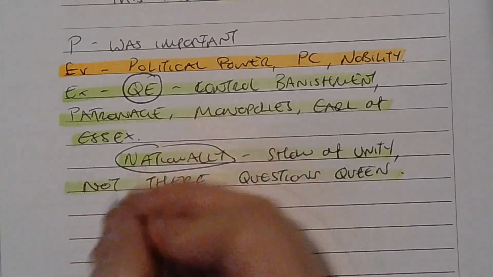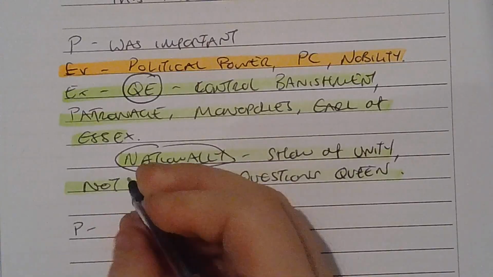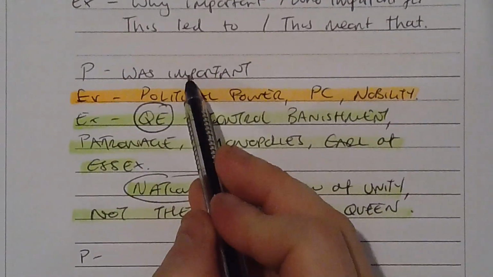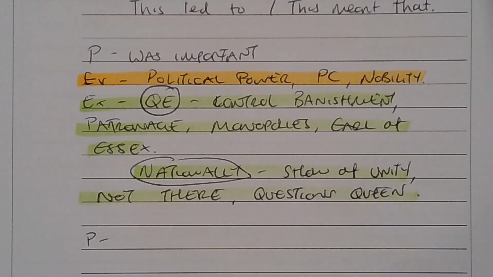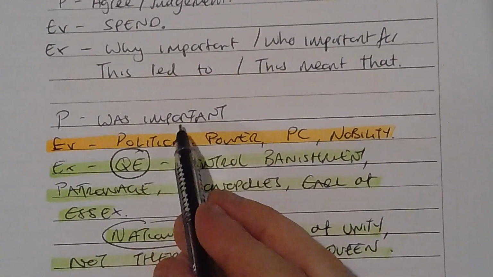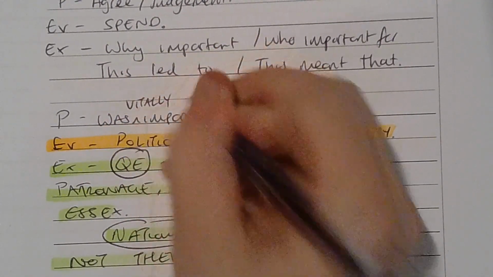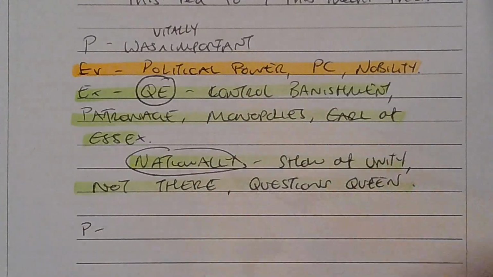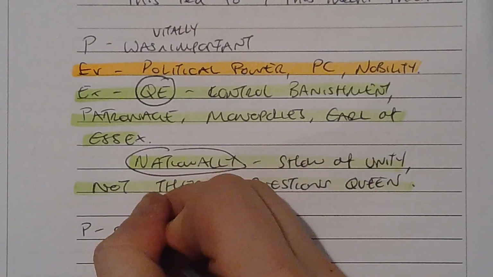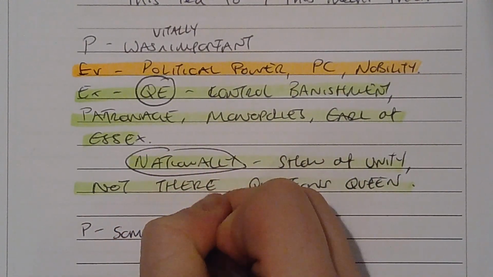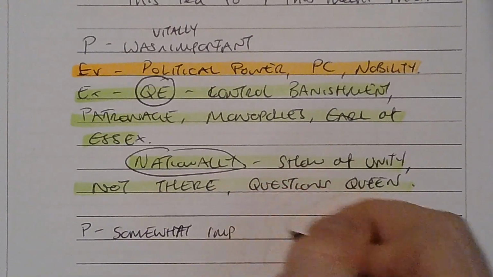Again, if you were looking at a second paragraph because you'd want to, you would again agree with the question, or this time make a judgment. So you would say it was slightly important. So here I might be saying it was vitally important. So it's vitally important to the Queen, it's vitally important to the country. Here I might say it's somewhat important.